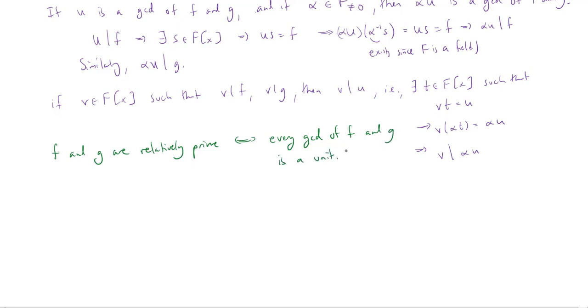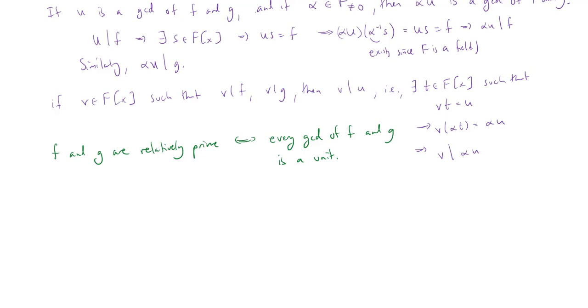Now, this "every" is not as strong as it seems. We already know that if you have a GCD which is a unit, then you get another GCD by multiplying by any constant. So you can get all the units in F by doing that. On the other hand, suppose you had a non-unit as your GCD. It's not going to be 0, so it's a polynomial of degree at least 1.